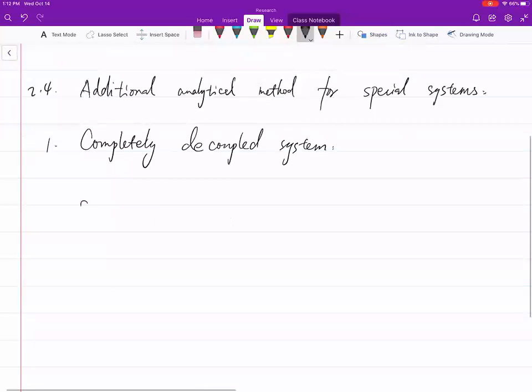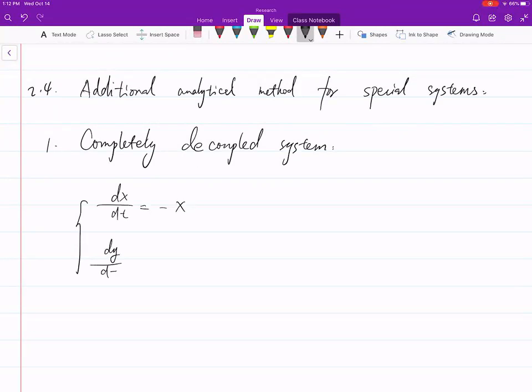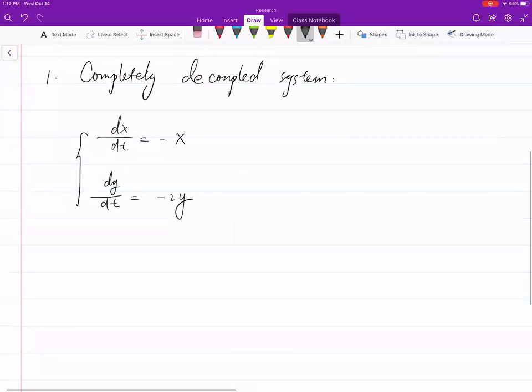Which is something that looks like this: dx/dt equals negative x. Okay, clearly this is a system. You have two things, x and y. What's special about this system?